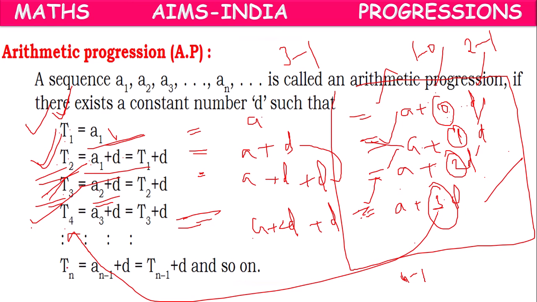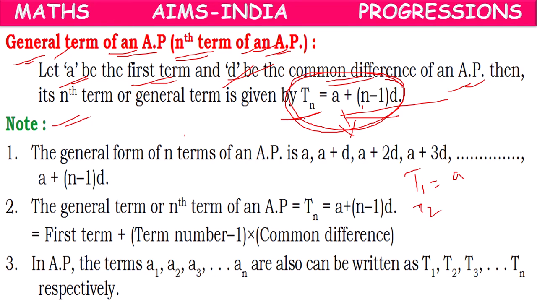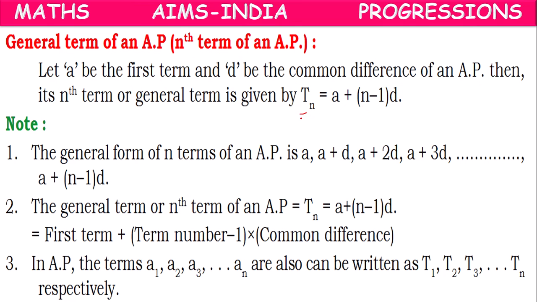In the same way, if you want to find Tn, we can write A plus 1 less than n, that is n minus 1 into D. So by observing all the terms of an AP, they have defined the general form of the nth term as Tn equal to a plus n minus 1 into d.